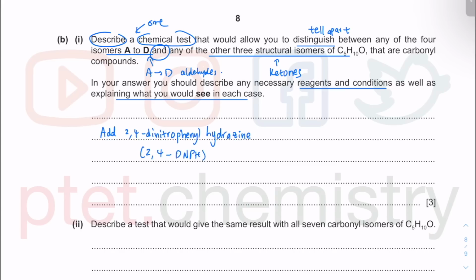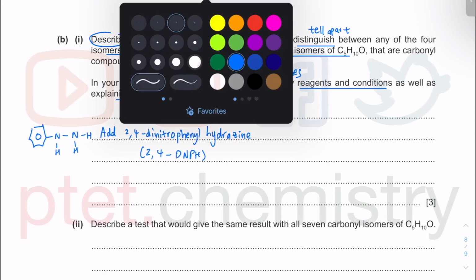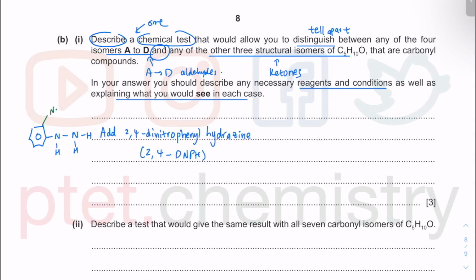But if you have done some A2 benzene chemistry, you know this is a phenyl, and then you have hydrazine. Hydrazine is basically NH2NH2, where you replace one of the H with a phenyl. And then you have a nitro, which is NO2, at position 2 as well as position 4. You get 2,4-DNPH.